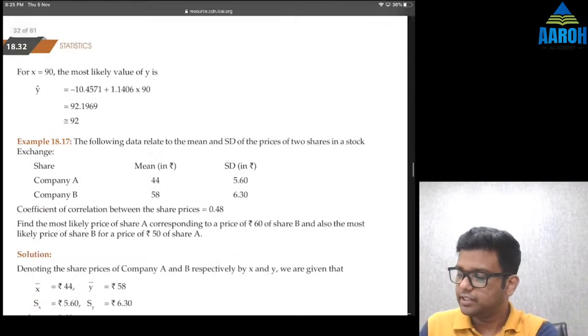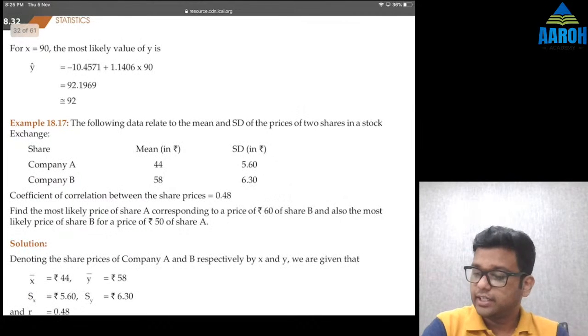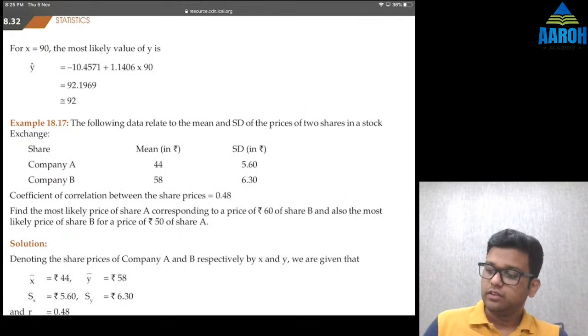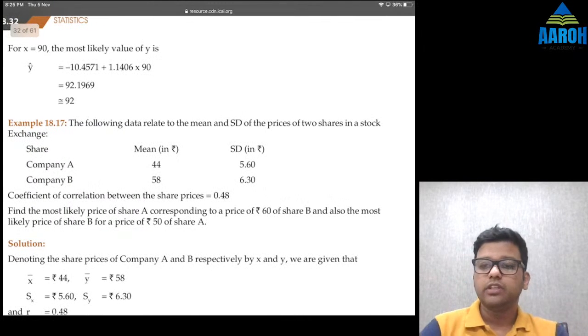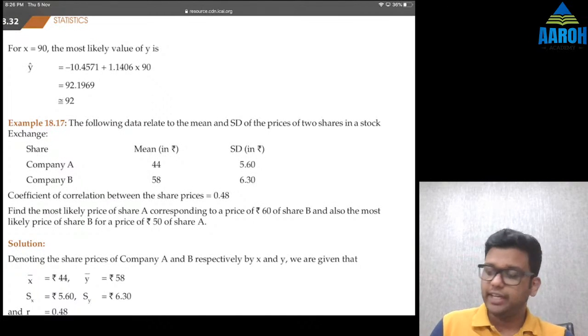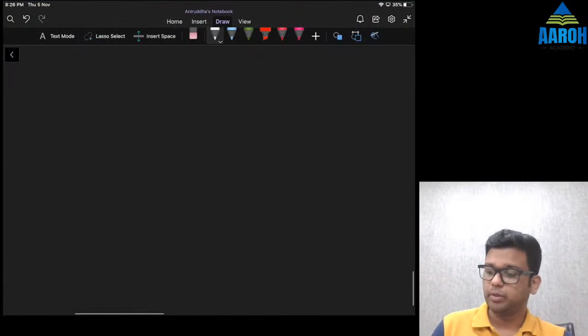They are generally given in this way. Understand this. 18.17. Page number 18.32. The following data relates to mean and SD of prices of two shares in a stock. So for company A and B, let me write it here so that we can solve it properly.